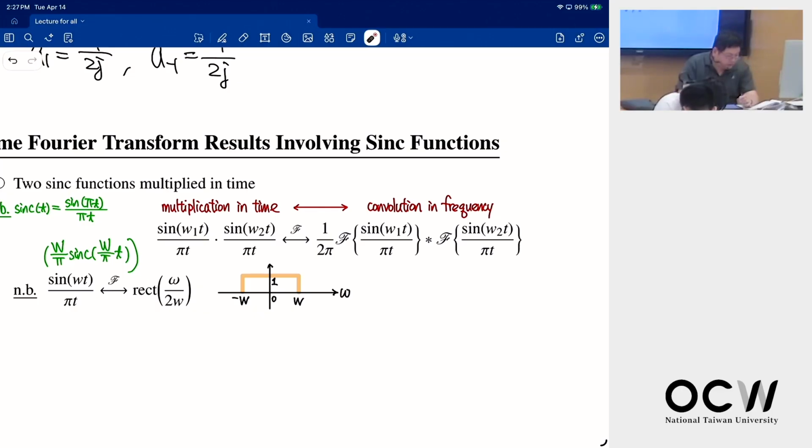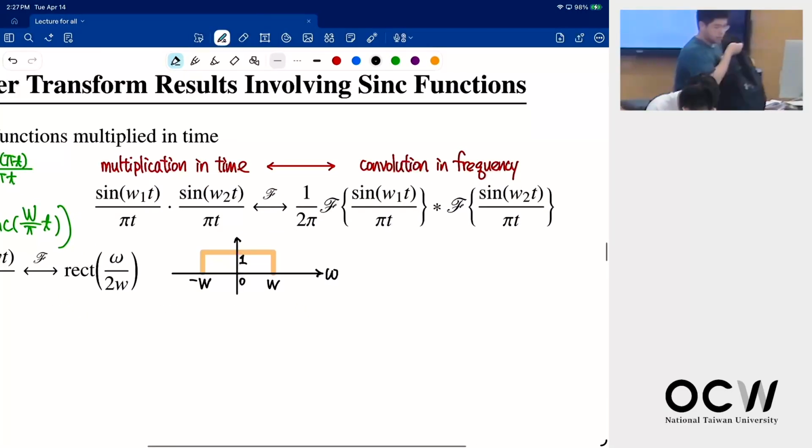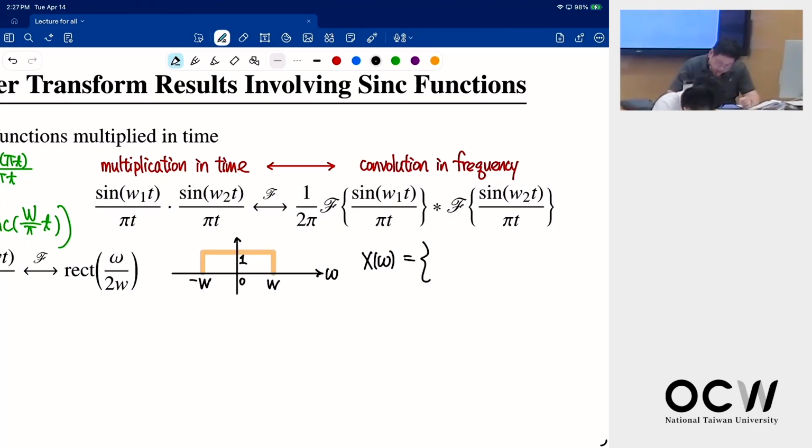Okay, so for the rectangular pulse, it's just either 1 or 0. It is 1 when omega is less than or equal to W. Otherwise, it will be 0.